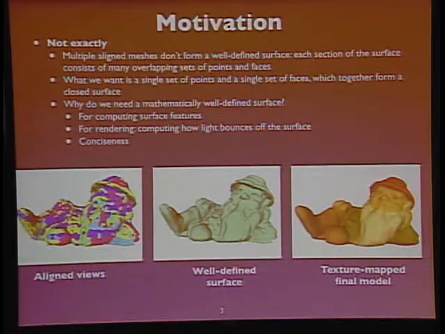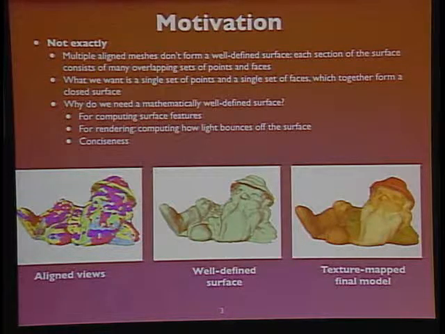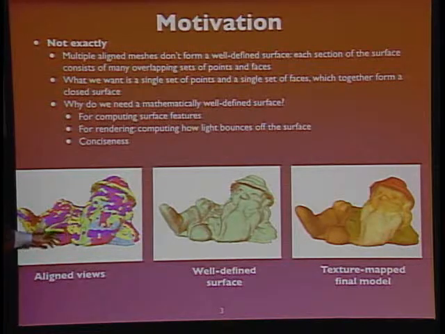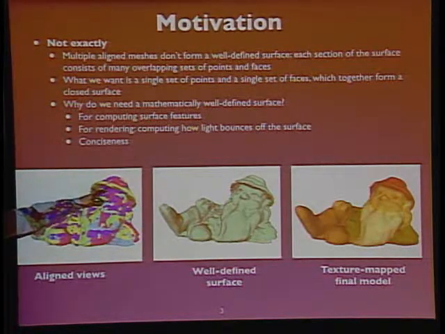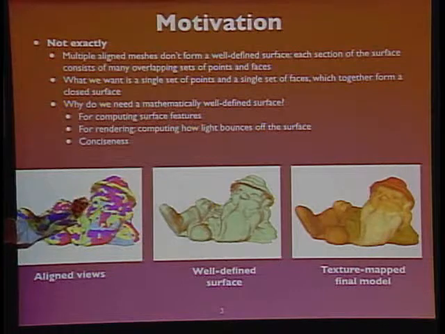That means that when I store my representation of the object on disk, I have not just one indication of the position of that part of the surface, but 5 identical ones that are overlapping with each other. So it's redundant. So the thing that we want instead is a single set of points and mesh faces, or in other words, edges that connect the points together, such that this part of the surface is only represented exactly one time.